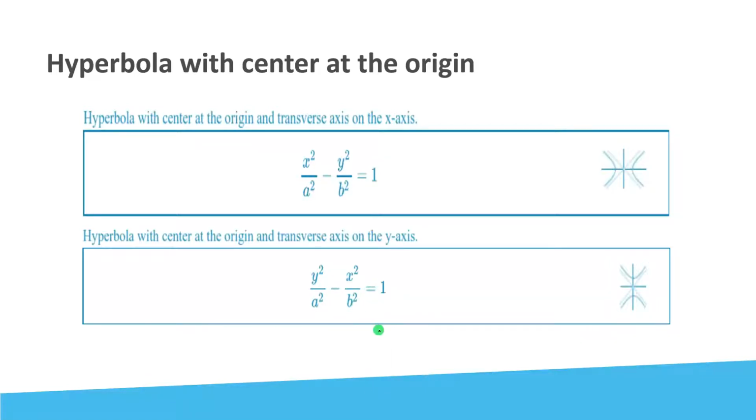Now, as you can observe here, we have a difference with the use of the letters a and b compared to the solution we have on ellipse. On ellipse, we simply use a for the value in the denominator of the term that has a greater value.